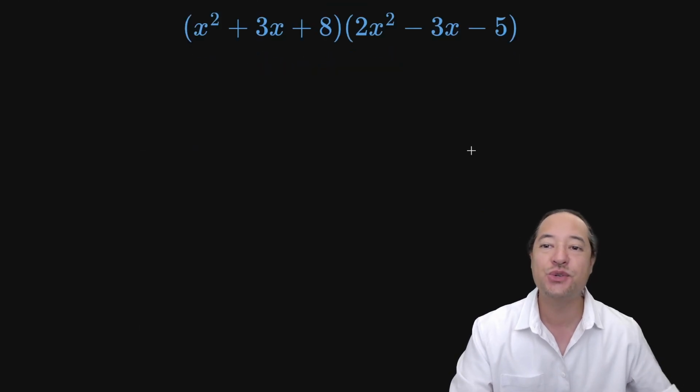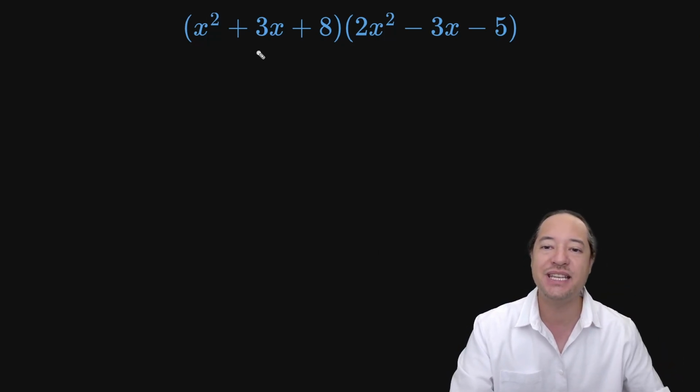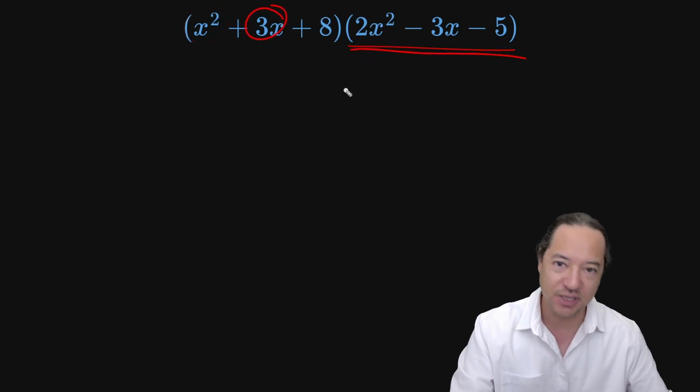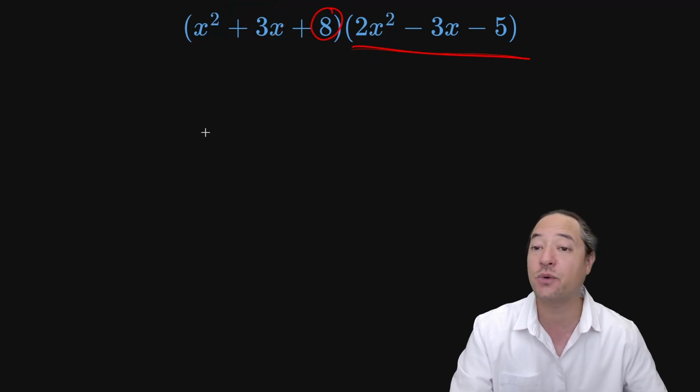Here we are, two trinomials. We're going to multiply these together, and we're just going to step-by-step brute force it, do each step in turn. So we're going to take x squared multiplied by everything, plus 3x multiplied by everything, plus 8 multiplied by everything here. Okay, that's how we're going to write this down.